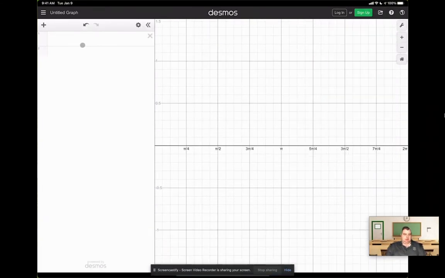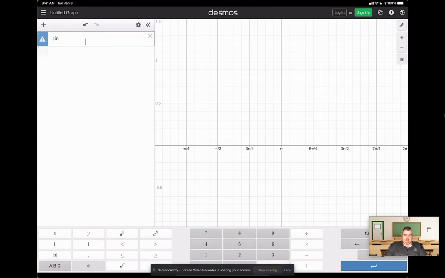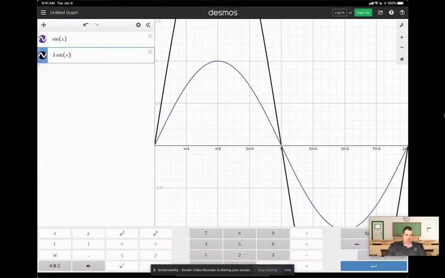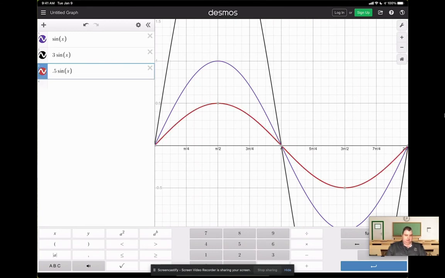Okay, so we're going to graph sine of theta, or sine of x in this case, and then 3 times the sine of x and 0.5 times the sine of x.